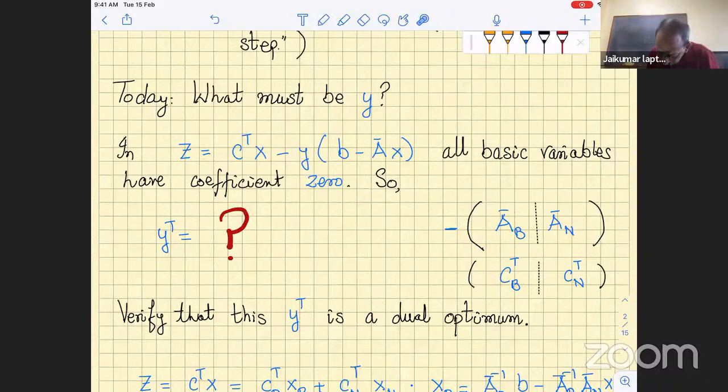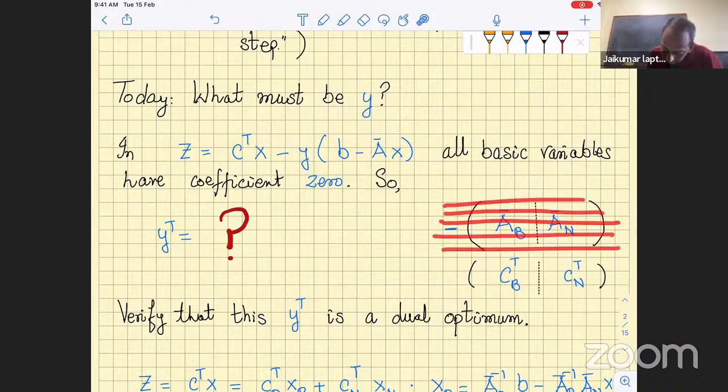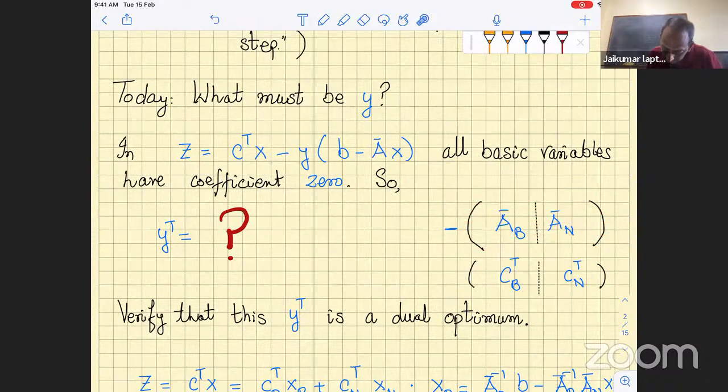Suppose this is a single line, a matrix with only one line. And this is a matrix with m rows and n plus m columns. Suppose we have multiplied these rows by some scalars y, and managed to cancel all of this.